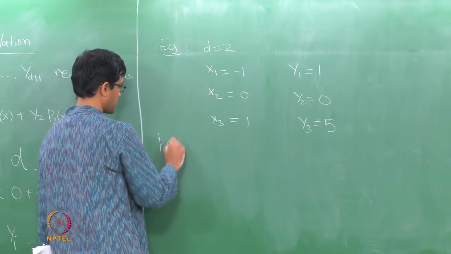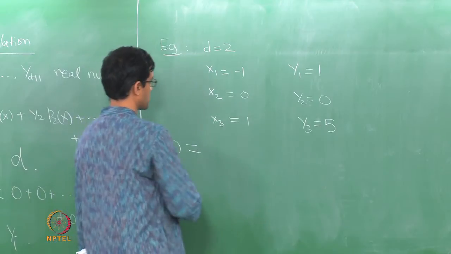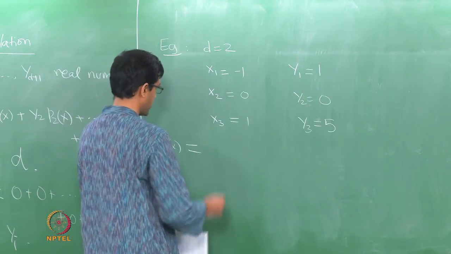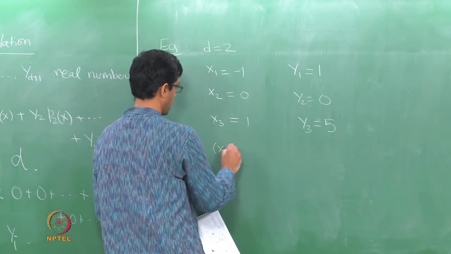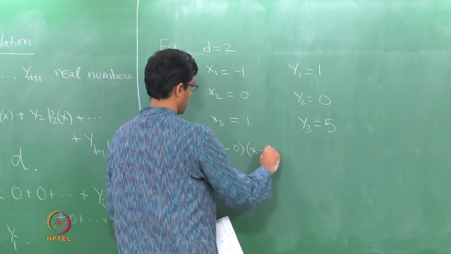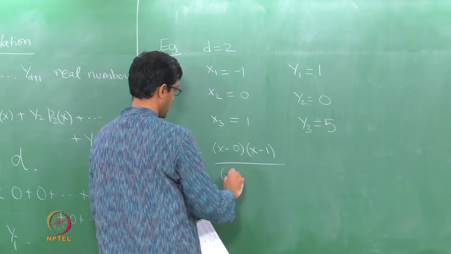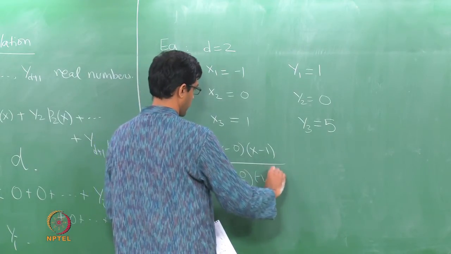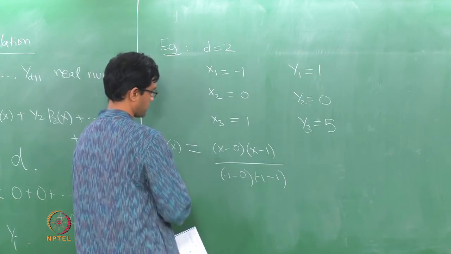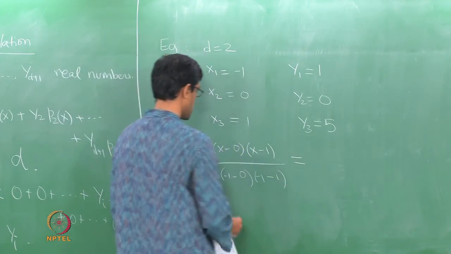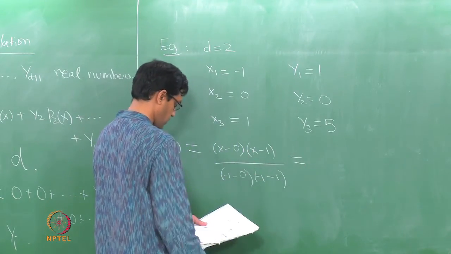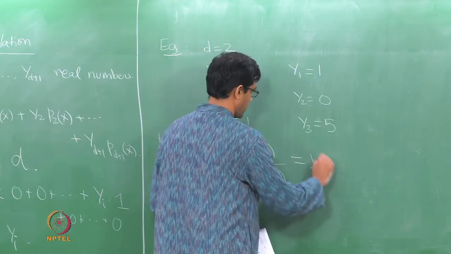So p1 of x, according to this prescription, is x minus 0 into x minus 1, divided by -1 minus 0 into -1 minus 1. That's my formula for p1. If you work this out, it's half x into x minus 1.